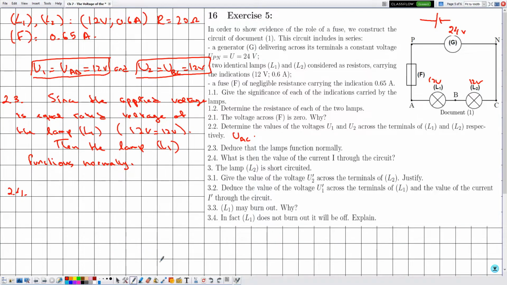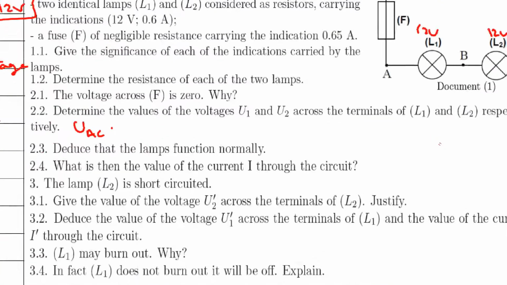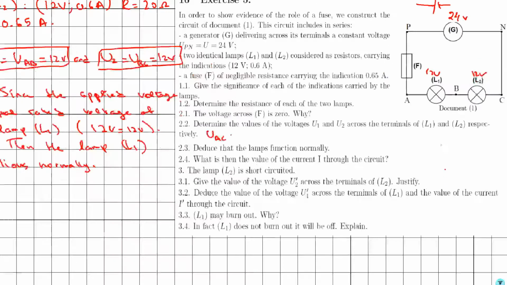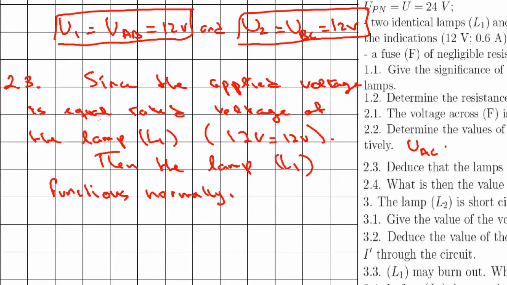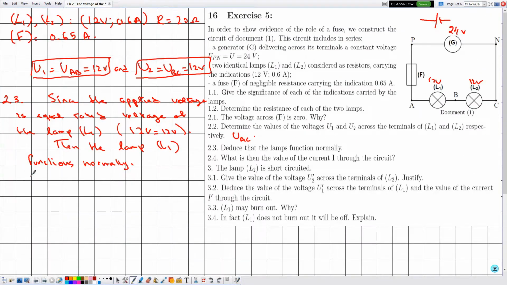Now, moreover, in 2.4, they are telling us what is then the value of the current I through the circuit. So here, they are talking about the lamps L1 and L2. I have only discussed the normal functioning of the lamp L1, so similarly for L2. Now in 2.4, what is the value of the current I through the circuit?